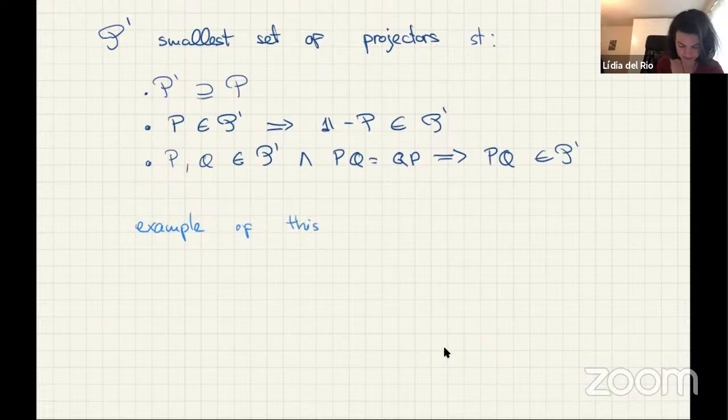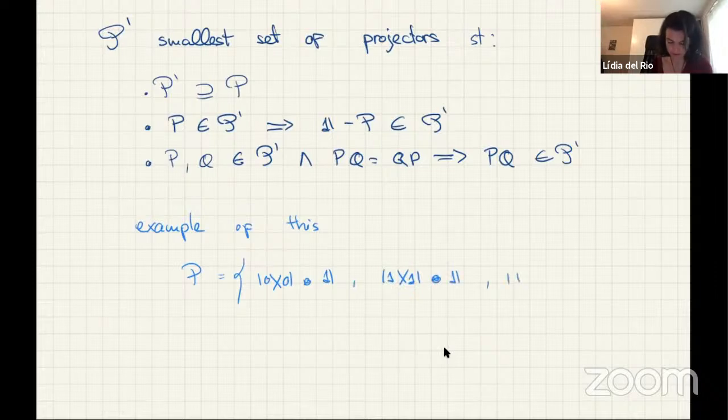So say that P is, in the Hardy experiment, this. So it's like we measure the first qubit in the Z basis, so that's two projectors. We measure the first qubit in the X basis, that's two projectors. And then we do the same for the second one.